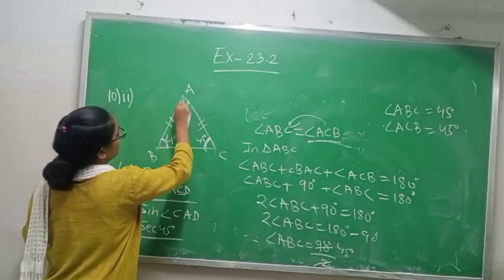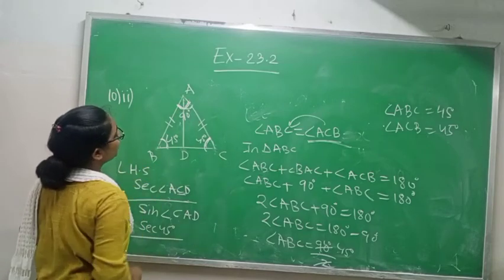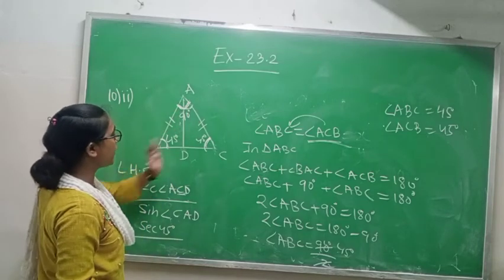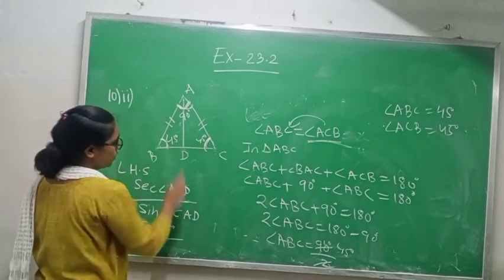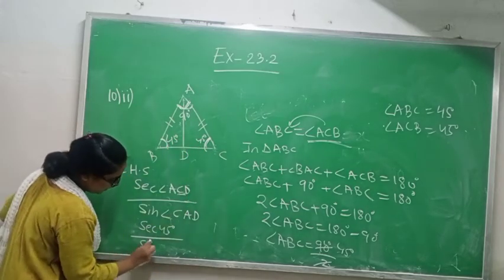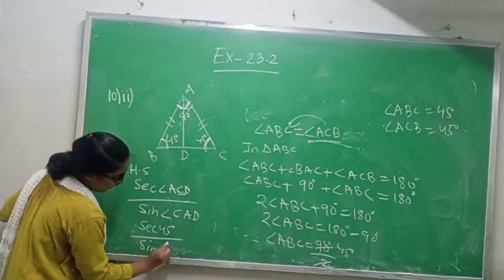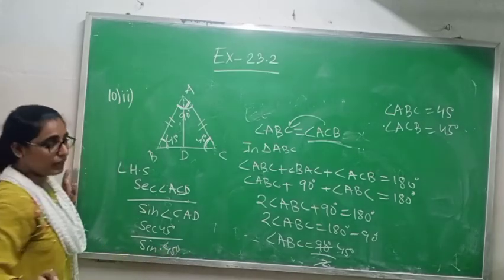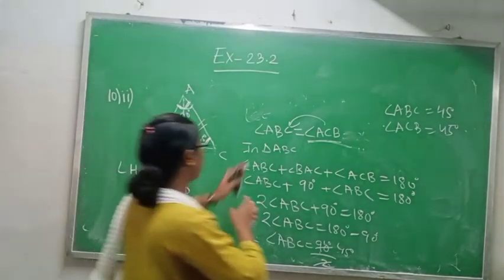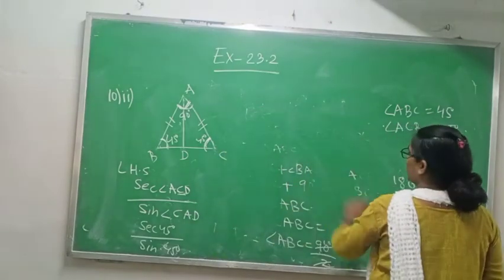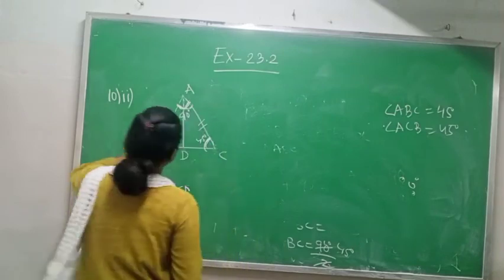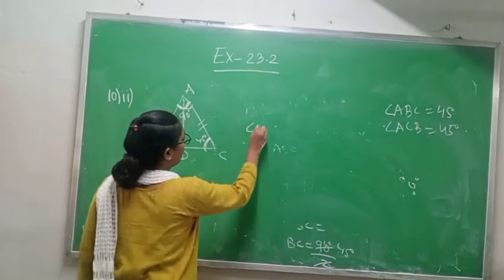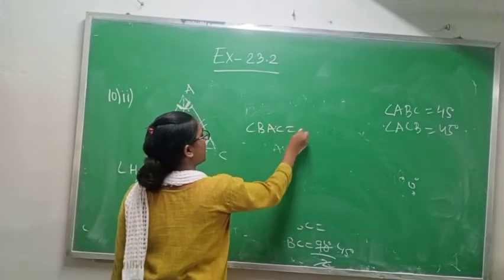Now sine angle CAD. If this full angle is 90 degrees, and AD is the bisector, it means CAD equals 45. So you will write sine 45 degrees. It will be better for you if I write why both will be 45 degrees. BAC is given 90 degrees.